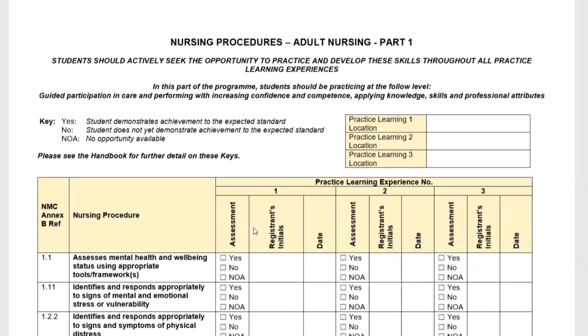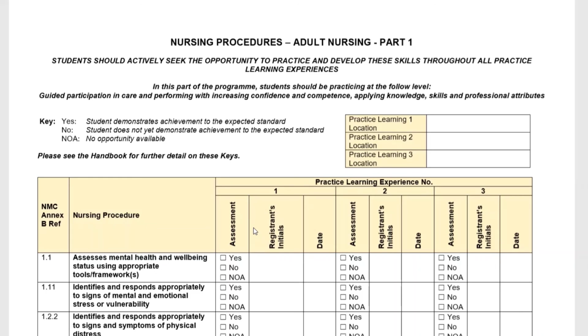If you're ticking a yes, you are saying that the student has demonstrated their achievement in this nursing procedure to the expected standard. If you're saying no, then the student has performed it but has not performed it to the expected standard.